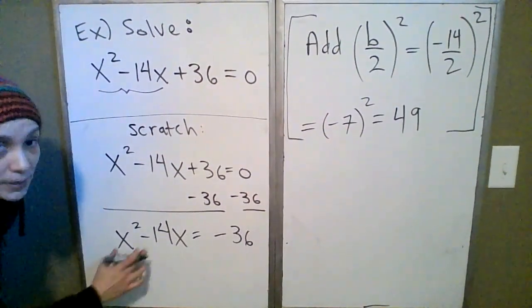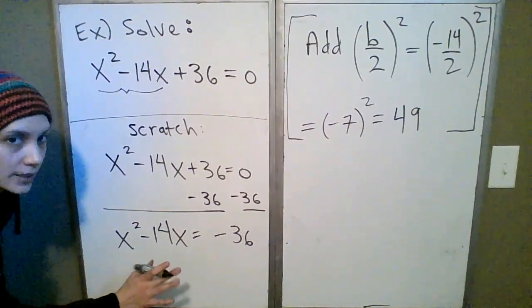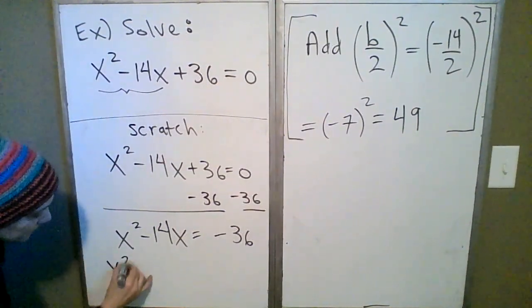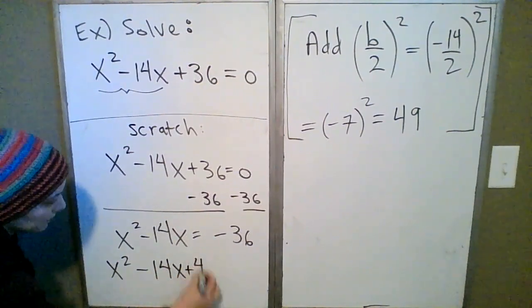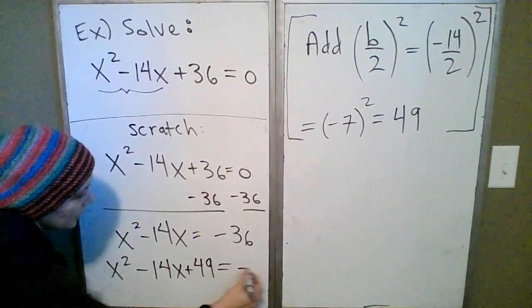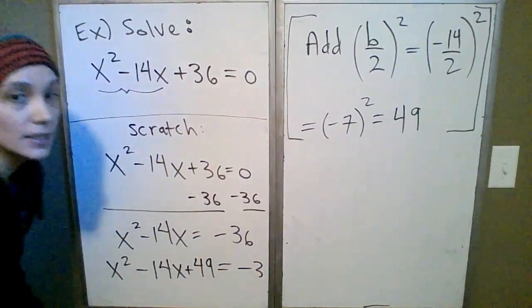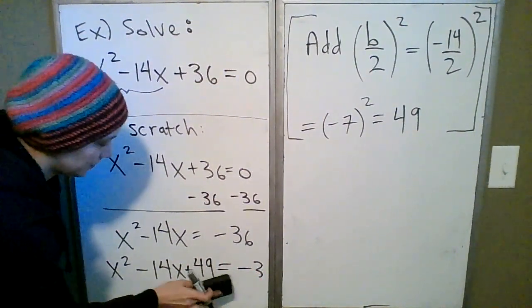So I want x squared minus 14x plus 49 equal to negative 36 plus 49.